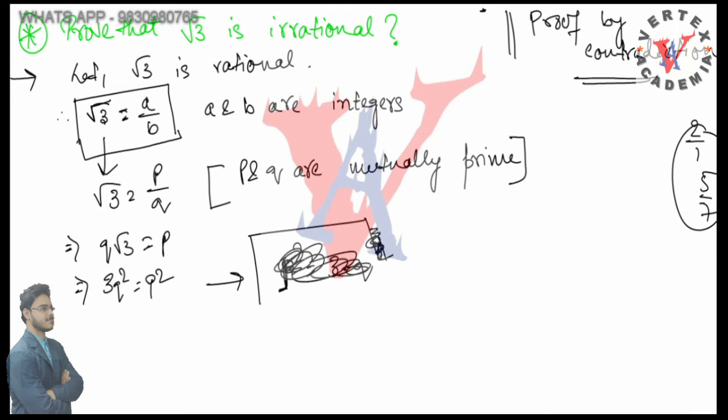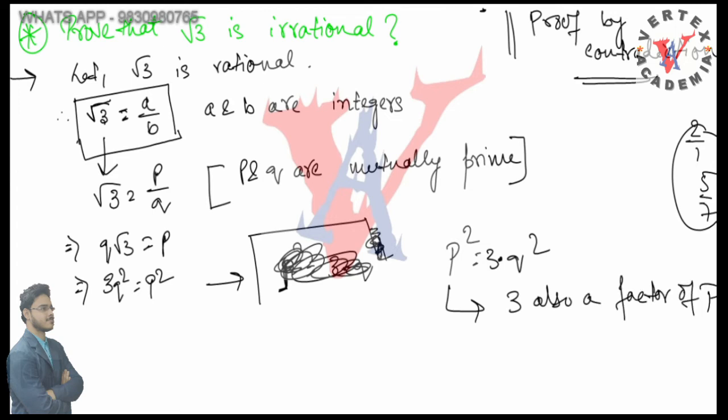Now it's okay. So finally we can say that P square equals 3 into Q square. So 3 is a factor of P square. Now from the previous theorem we can say if 3 is a factor of P square, then 3 is also a factor of P. So therefore we can write P as 3C maybe.